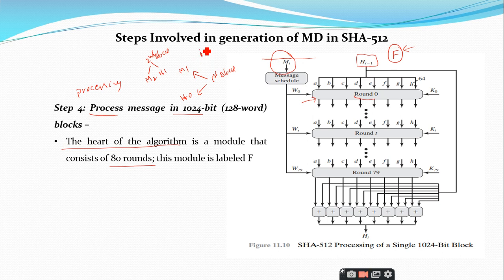Like that, for the ith block, the input will be Mi and it also consists of Hi minus 1. Every H, the hash buffer, is divided into 8 registers, 8 64-bit registers, and every register is of length 64. You can observe here.